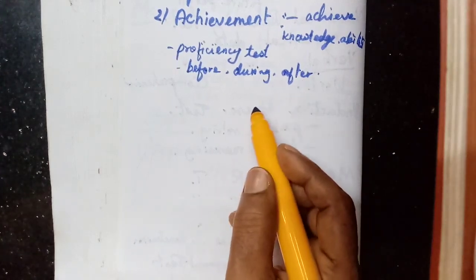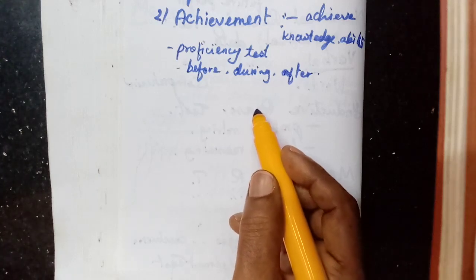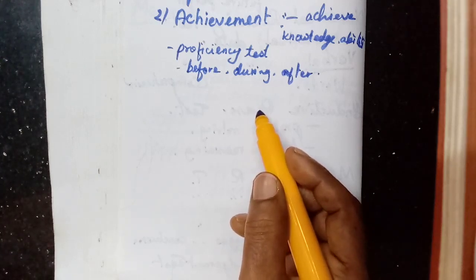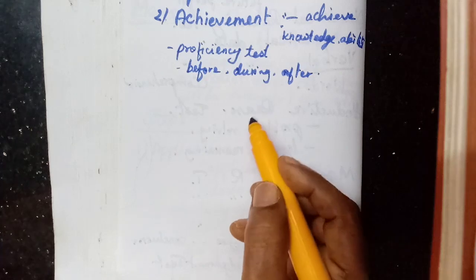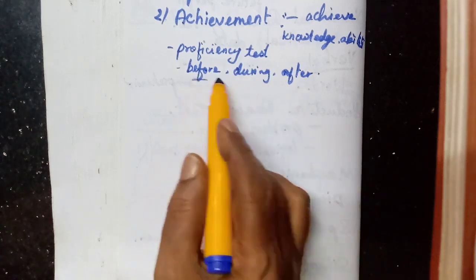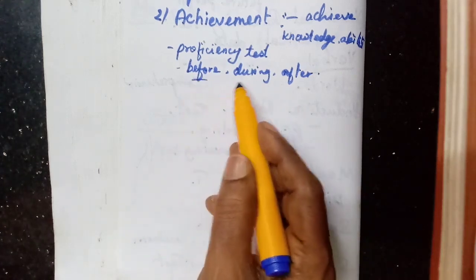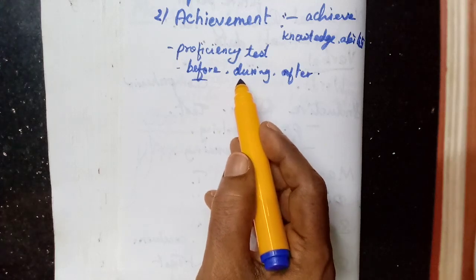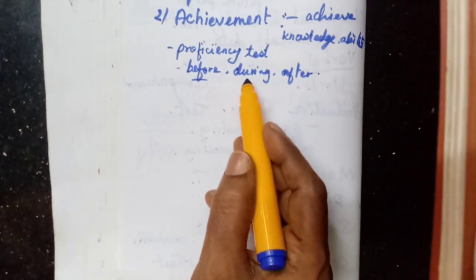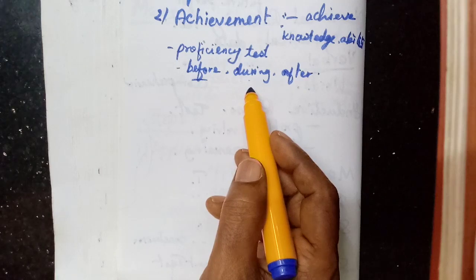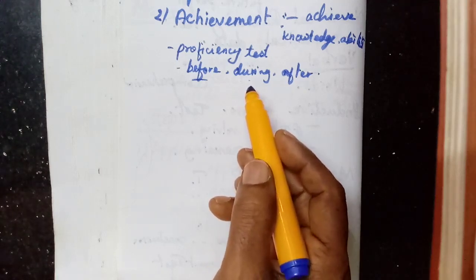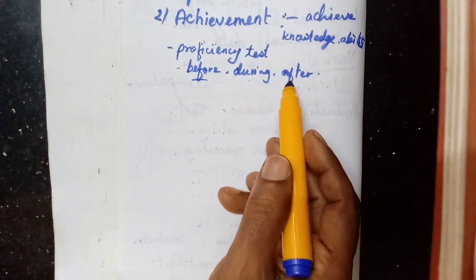For example, the driving license. They will check before giving the driving license. Before that, or the one who is teaching them will test during that learning experience. When they are learning, they will test this.